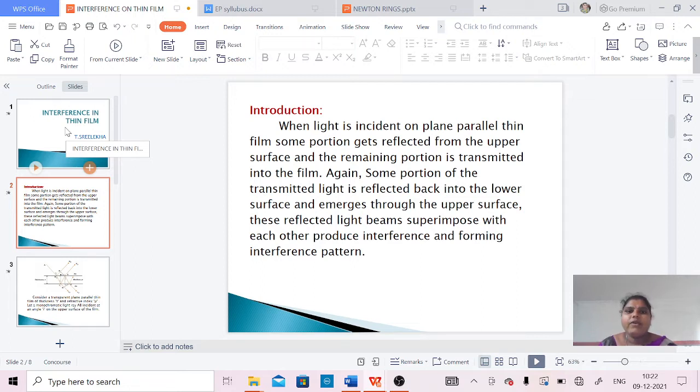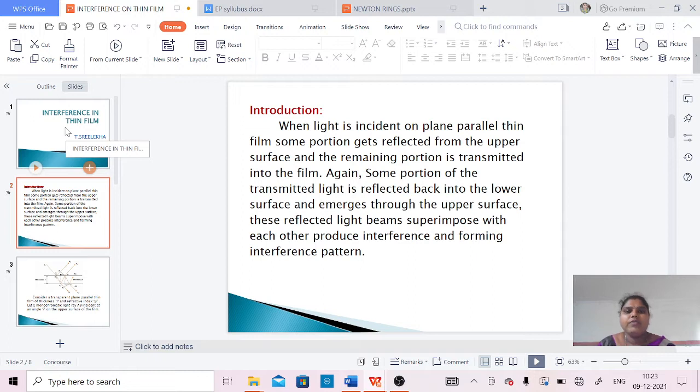But whenever we use a monochromatic source, we get only bright and dark fringes. When the film is illuminated by white light, then we can observe the VIBGYOR colors.